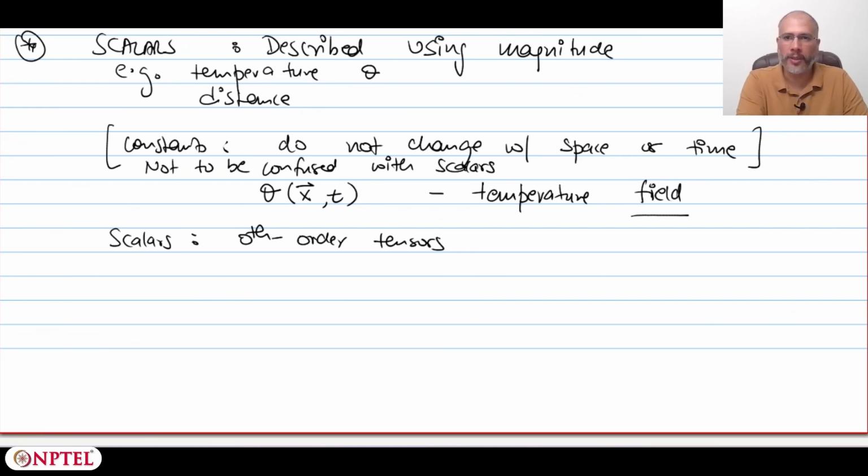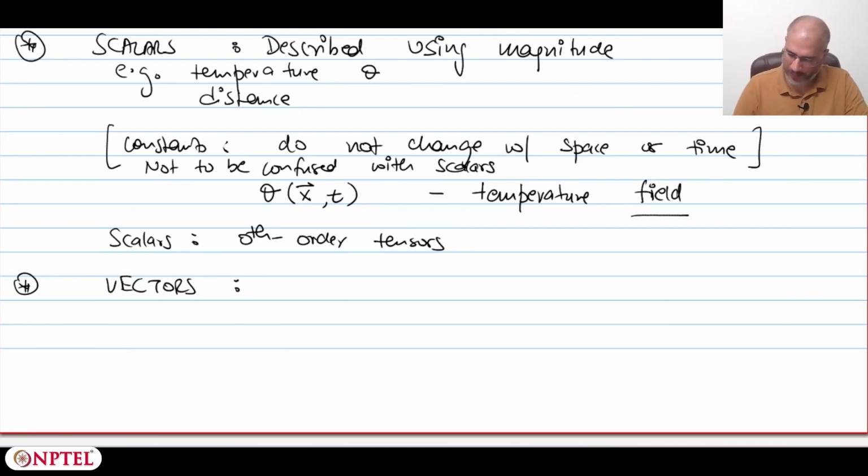So let's move on to tensors of higher order, and then we'll generalize the idea and understand the meaning of tensors. Next is vectors. Vectors are quantities that require a magnitude as well as a direction to describe them.